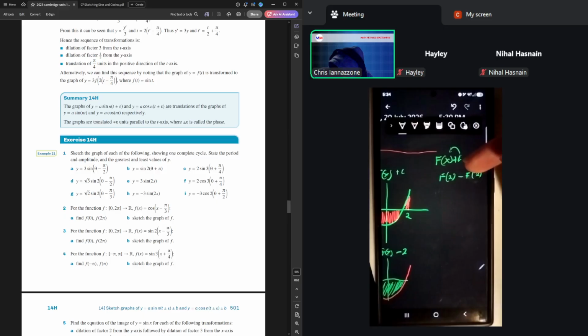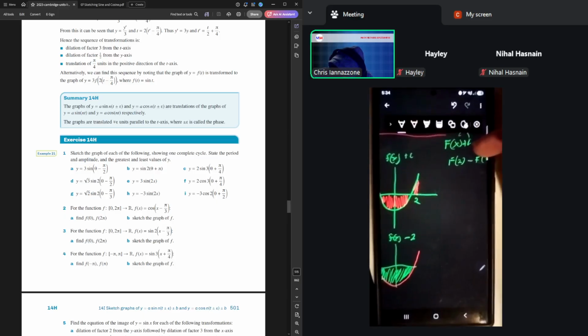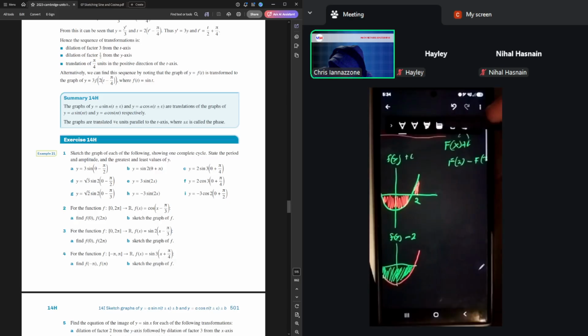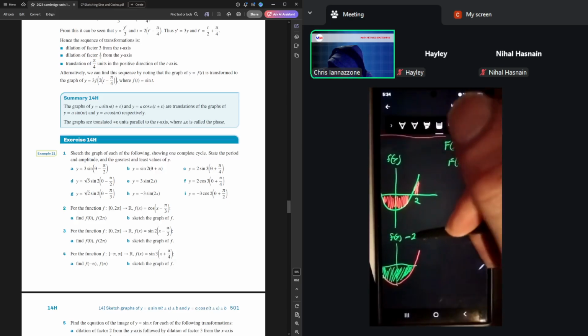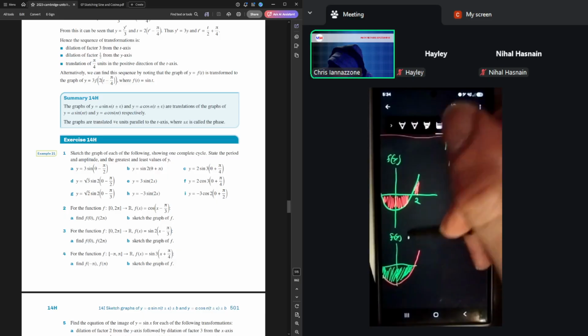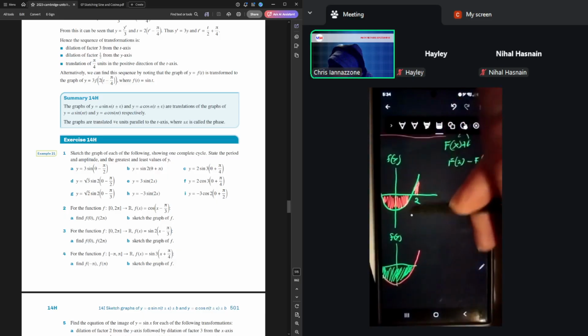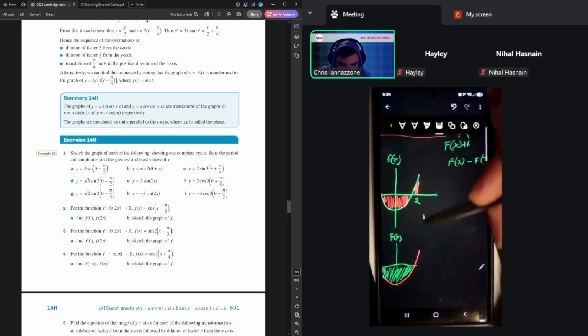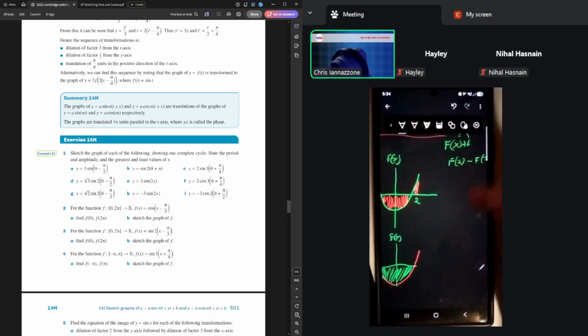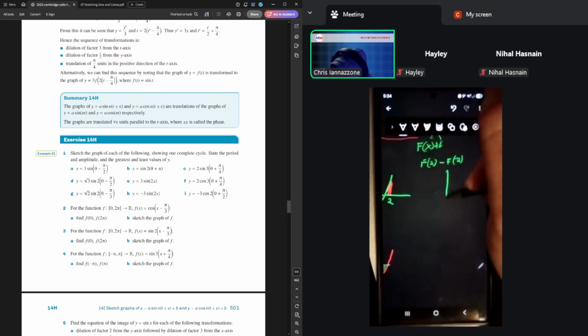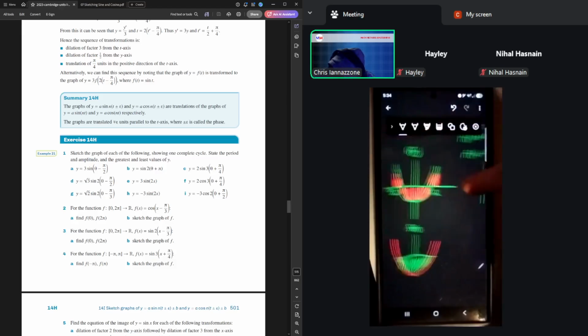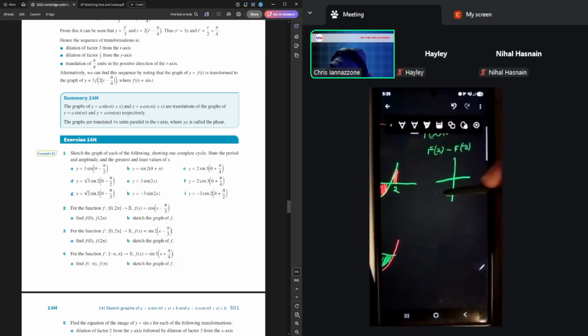The reason why I'm highlighting that is because the plus c never actually makes it onto this original function. You never actually have a scenario where a constant could shift this thing up or down. What you are shifting up or down instead is the capital F of x, which in this case would be some sort of cubic.